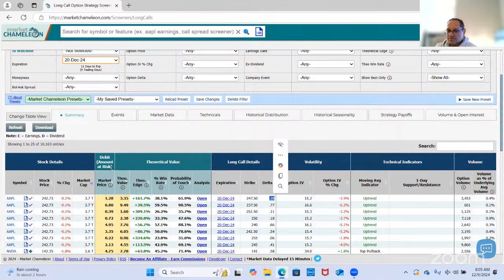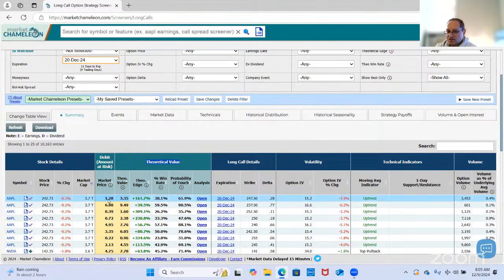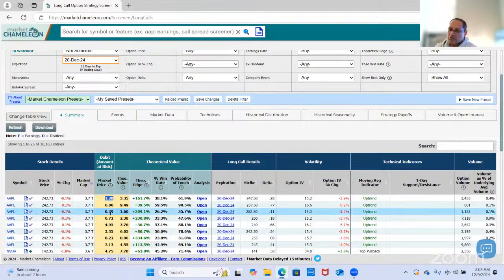Then over here in the middle section, we have some analytics. We are analyzing this option from the market price, which is the ask price. So when you're looking at a call option, you have a bid, you have an offer, and the option's worth anywhere in between.